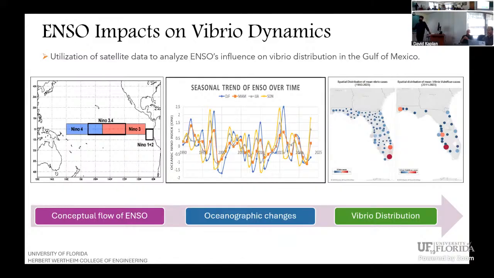The second graph shows the seasonal trend of ENSO over time. Now this is how ENSO performs, and on the y-axis is the Oceanic Niño Index. What's the Oceanic Niño Index? Whenever the sea surface temperature is more than average, it's an El Niño phase, and whenever the sea surface temperature is lower than the long-term average, it's a La Niña phase.